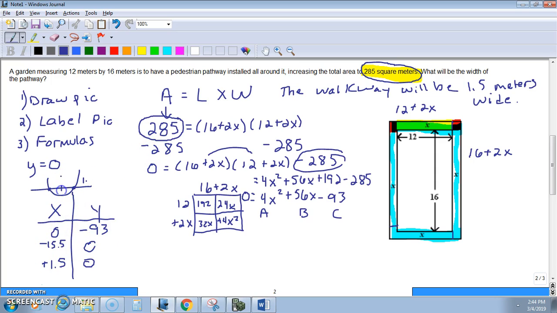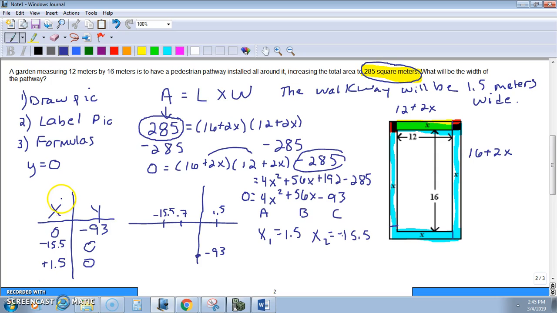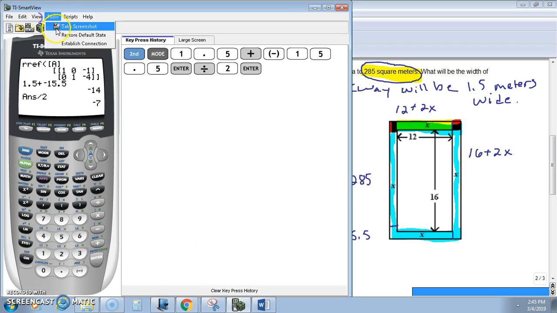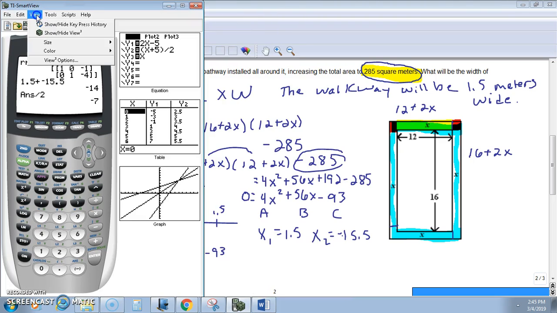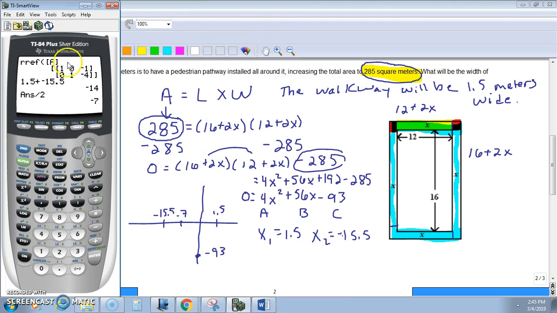Okay, and we need to figure out when our x is negative 7, what is our y going to be? Hold on, I'm going to pause this and draw it correctly. Okay, so if our x value is negative 7, you can just look at your calculator.